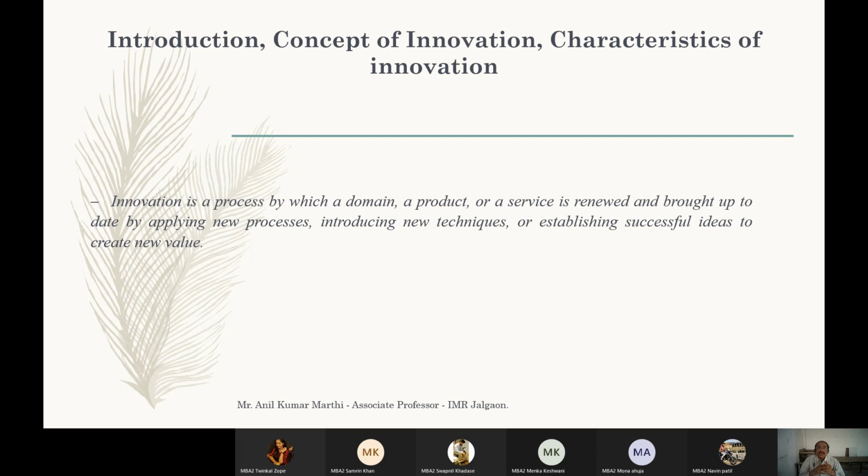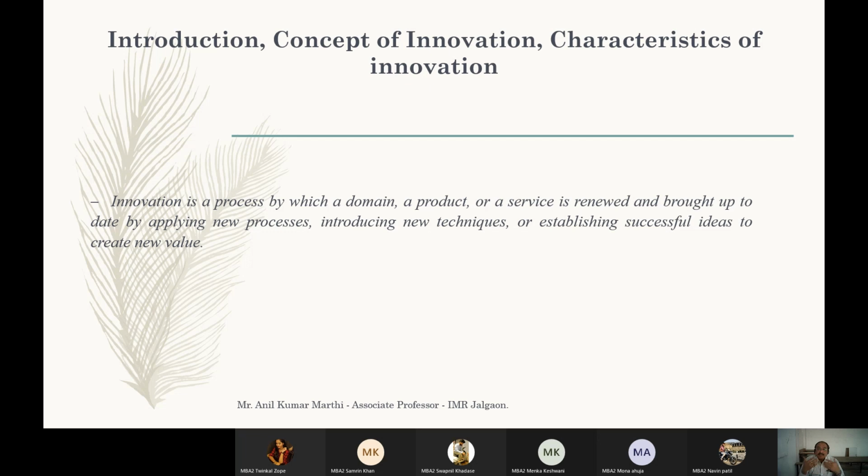So, innovation is a process by which a domain or any product, whether it can be a toothpaste, a toothbrush, a talcum powder, or a computer, whatever it is, or a service such as legal services, dental services, or any other insurance service, banking service, all these things. Innovation is a process by which a domain, a product, or a service is renewed.